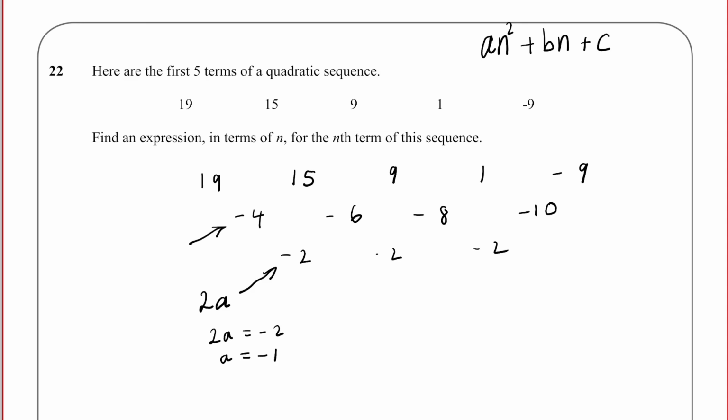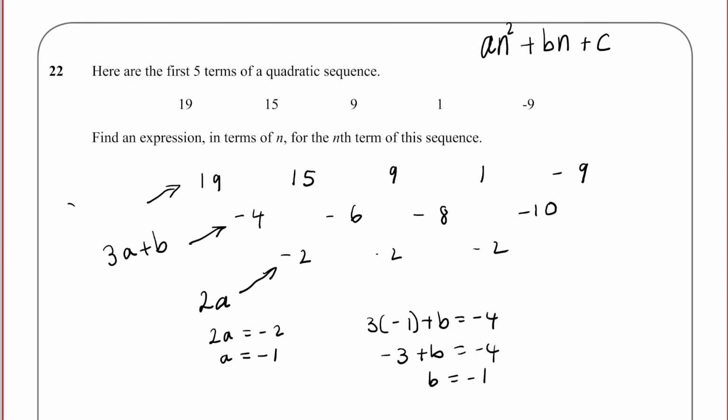The difference between the first and second terms is always 3a plus b. So if 3a plus b is negative 4, and a is negative 1, so 3 times negative 1 plus b equals negative 4. Negative 3 plus b is negative 4. b must be negative 1. And the first term is always a plus b plus c.